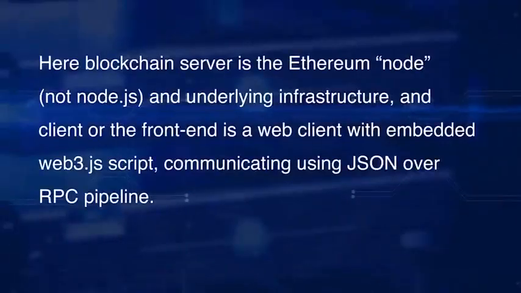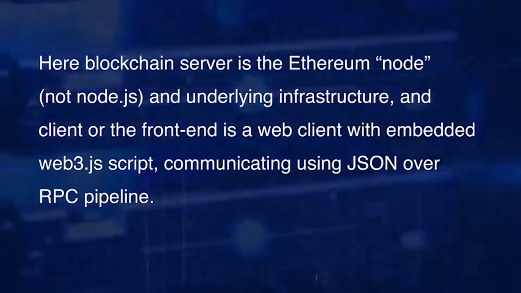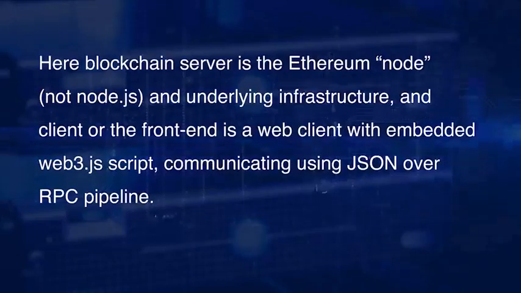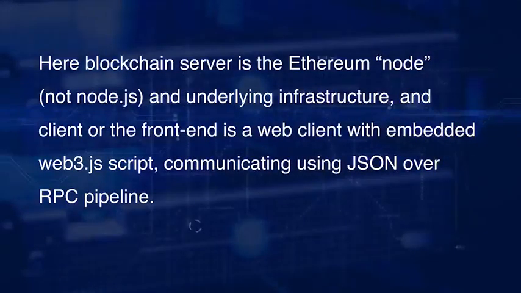The front-end development may involve development of a web client with HTML, JavaScript, and CSS and other web assets, or web app frameworks such as Express. Here the blockchain server is the enode and the underlying infrastructure, and the front end is a web client with embedded web3.js script communicating using JSON over RPC pipeline.